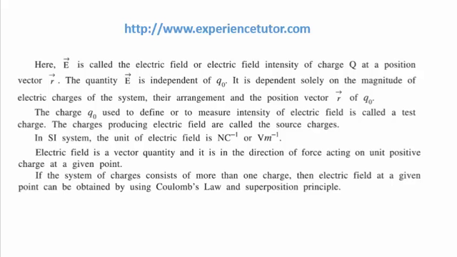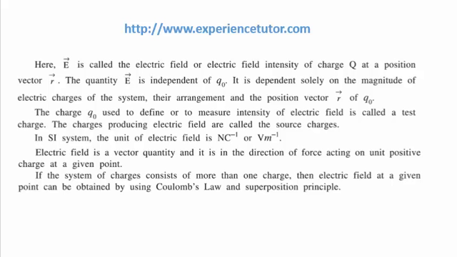The quantity E is independent of Q naught. It is dependent solely on the magnitude of the electric charge of the system, their arrangement, and the position vector r. The charge Q naught used to define or to measure intensity of the electric field is called a test charge.